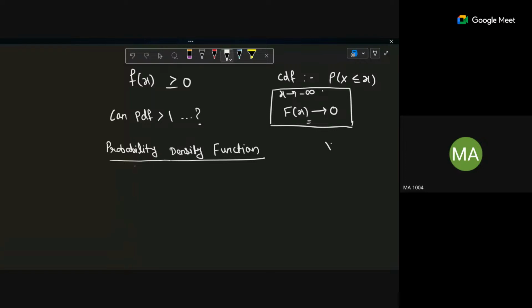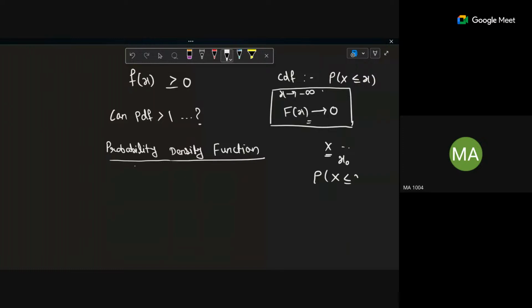Let's say x naught is the highest value your random variable can attain.